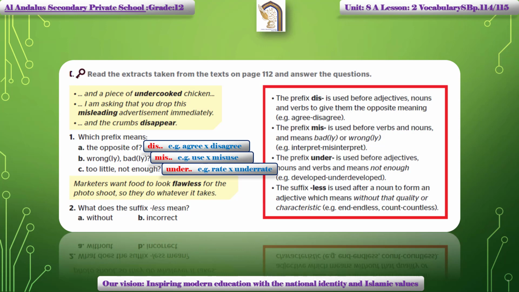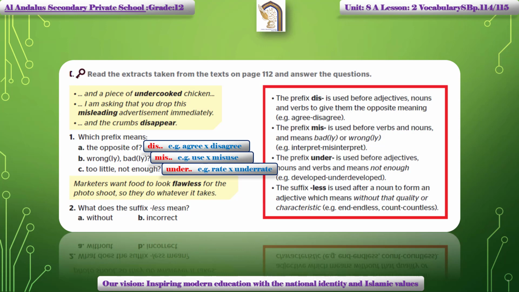The following part is: marketers want food to look flawless for the photo shoot, so they do whatever it takes. And this is question 2. What does the suffix less mean? Suffix here means a group of letters which go at the end of a word, added to the word but at the end.